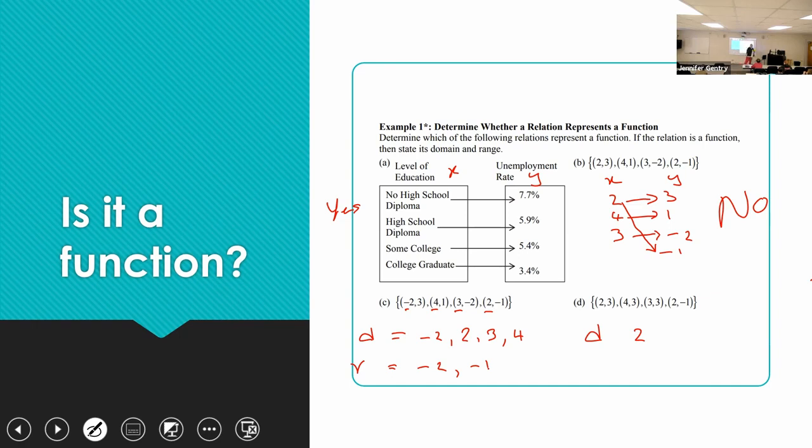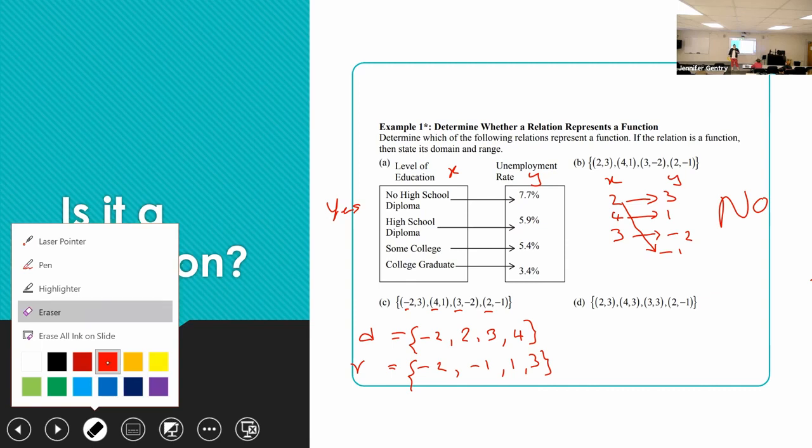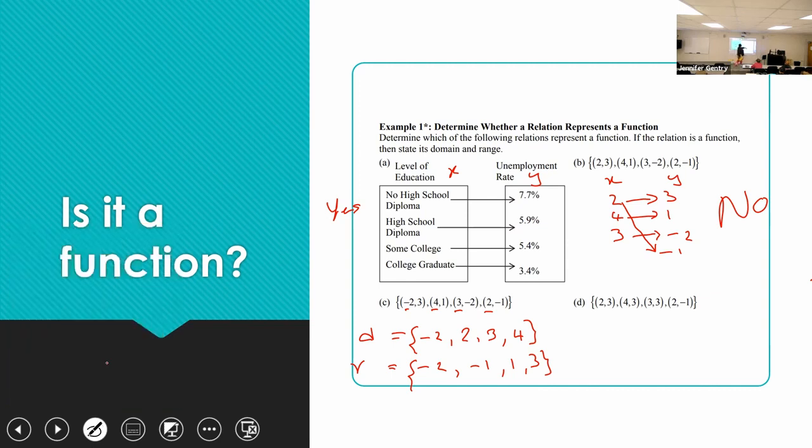He said he's still on C. It's not a function. Do we know why? Because there's 2, 3 and 2, -1. You used the number 2 twice for x, right? There are 2 different y's associated with that x. So it's not a function. Does that make sense? Okay.